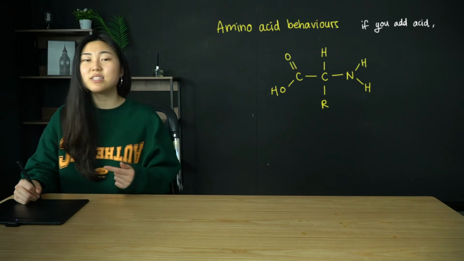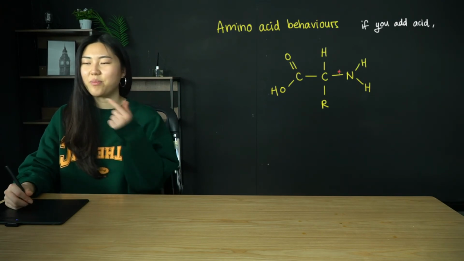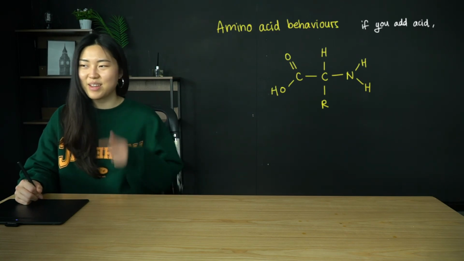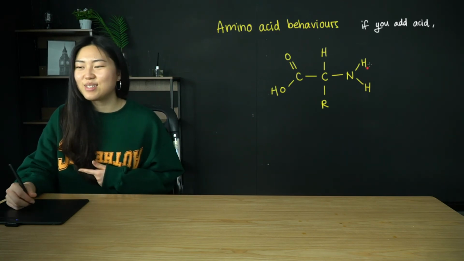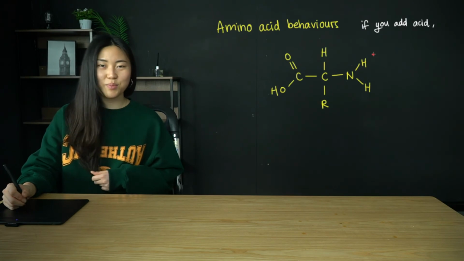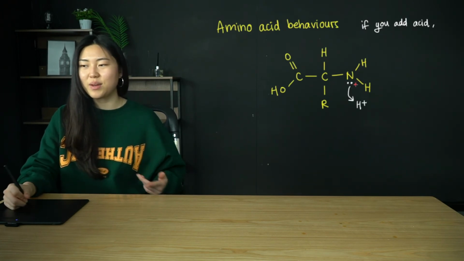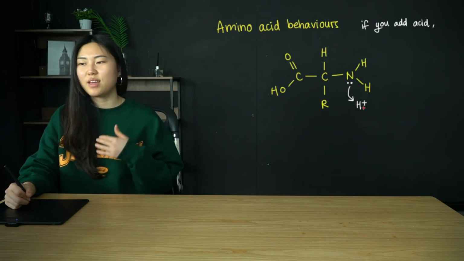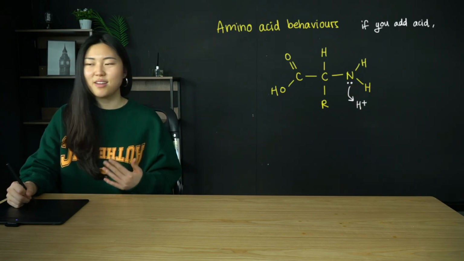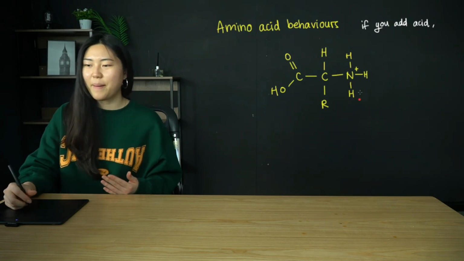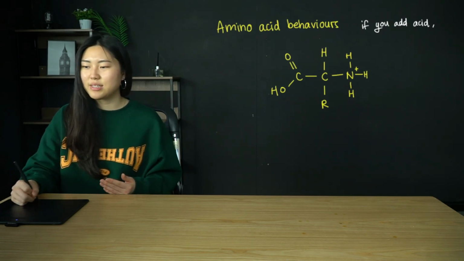And if you add an acid, the opposite from when we add the base, it's going to react with the basic group, which is the amine group. That is going to basically donate its lone pair to the hydrogen ion, which is the proton, and form this ionic structure again, NH3 plus.